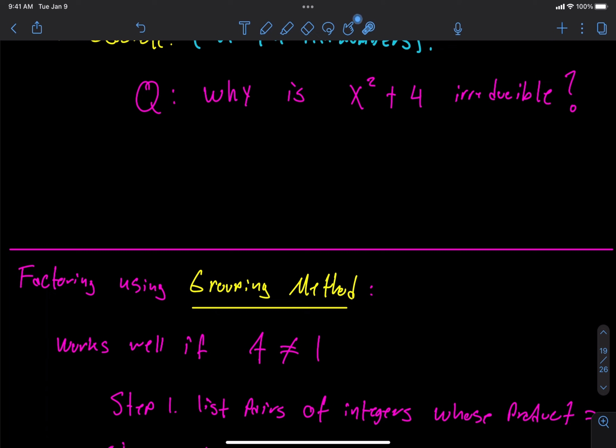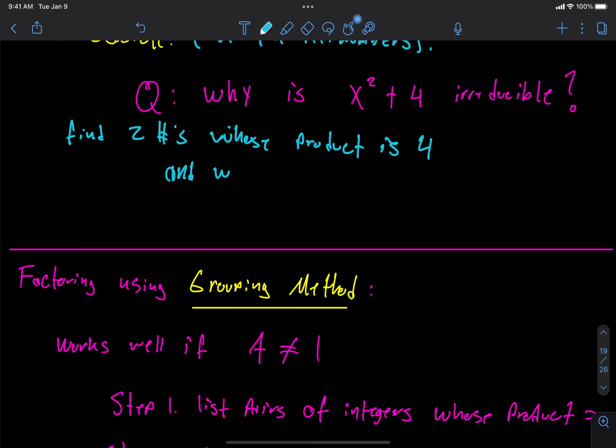So I need to find two numbers whose product is 4 and whose sum is 0, because that's the b in this case. We have a plus bx in here, and b has to be 0 because we don't have an x term. So B is 0, C is 4, and A is 1. So we need two numbers whose product is positive 4 and whose sum is 0.